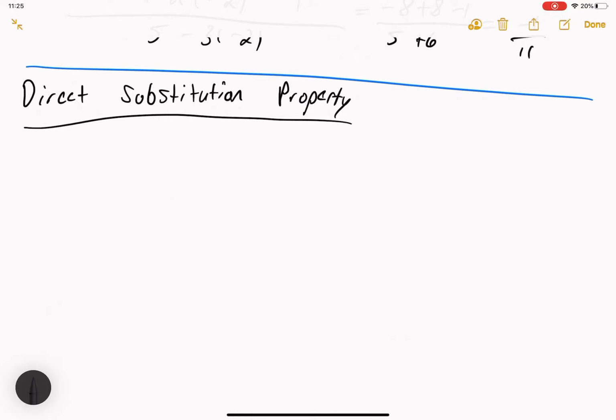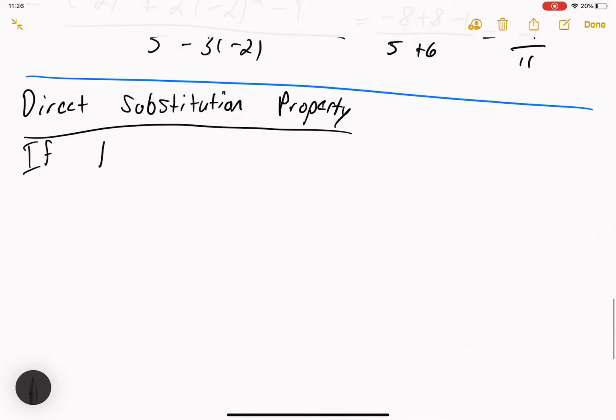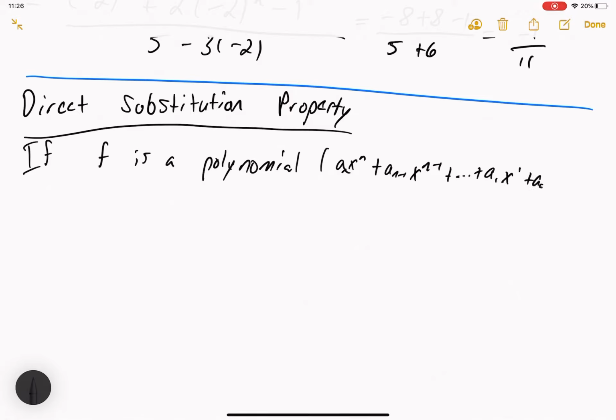But to specify what I'm talking about, they say if f is a polynomial, if I can spell it right, in this case it will be of the form a_n x^n plus a_(n-1) x^(n-1), all the way up to a_1 x plus a_0.